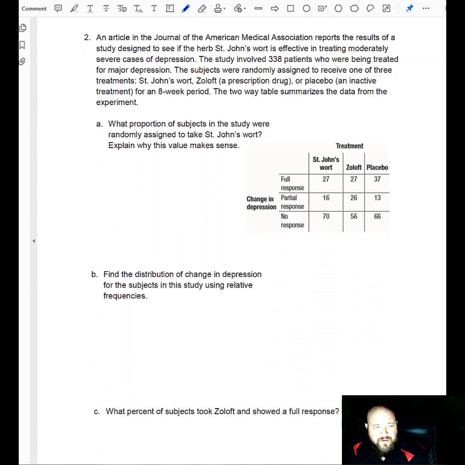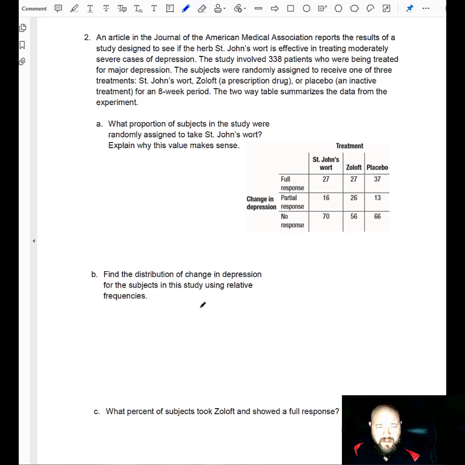Alright, this next part says an article in the Journal of the American Medical Association reports the results of a study designed to see if the herb St. John's wort is effective in treating moderately severe cases of depression. The study involved 338 patients, so that's our sample size, who were being treated for major depression.